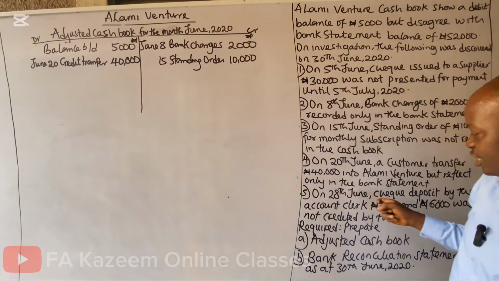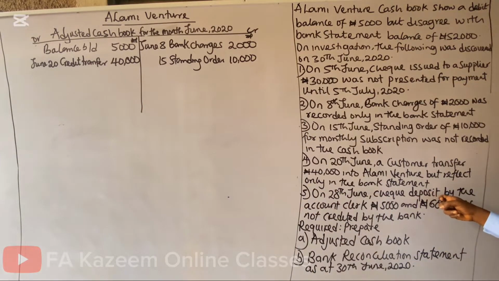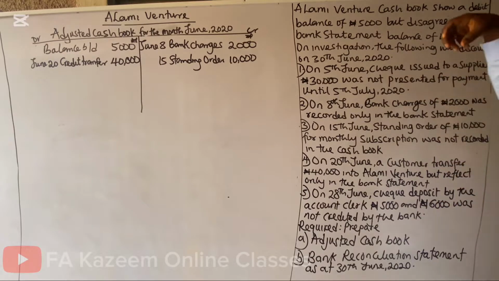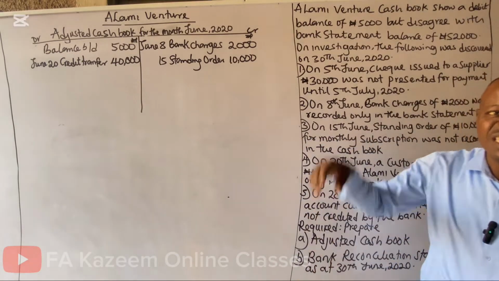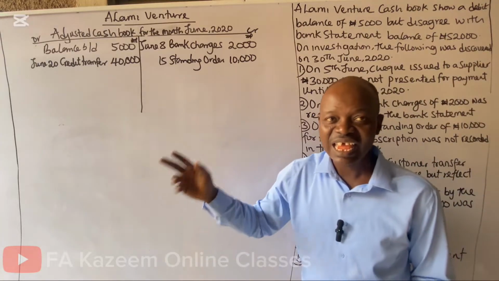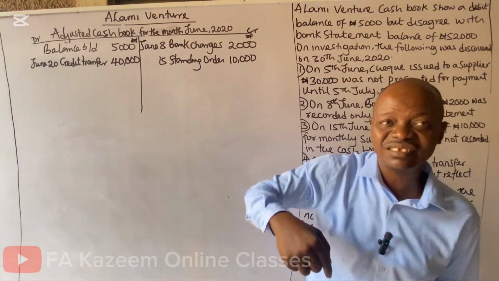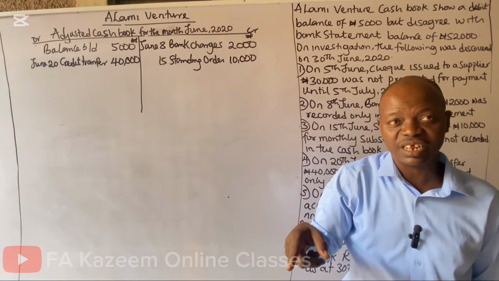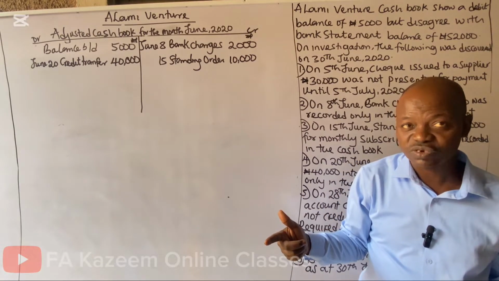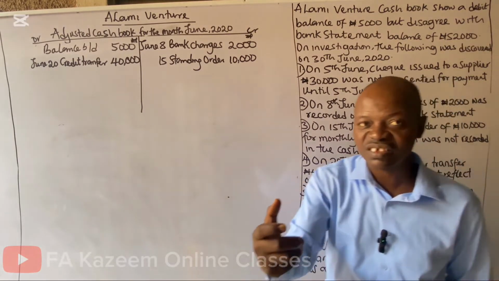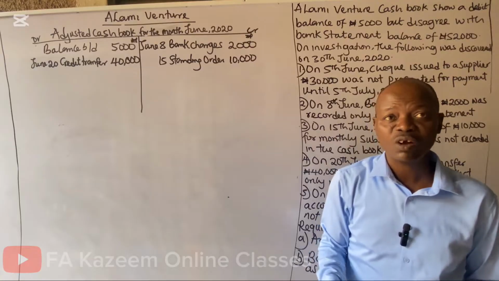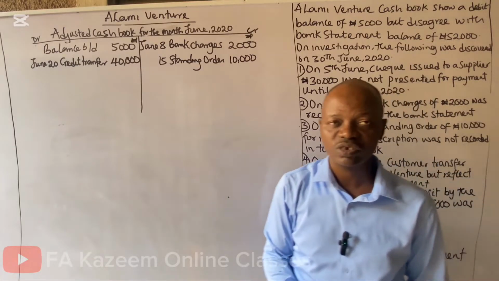And the uncredited check, once the check has been deposited, the accountant in charge of the cash book has already debited such check as an inflow into their account, expecting the bank to send a credit alert as corresponding entry. But no alert was received. Not until the bank statement was received, we discovered that the bank omitted to credit such check.